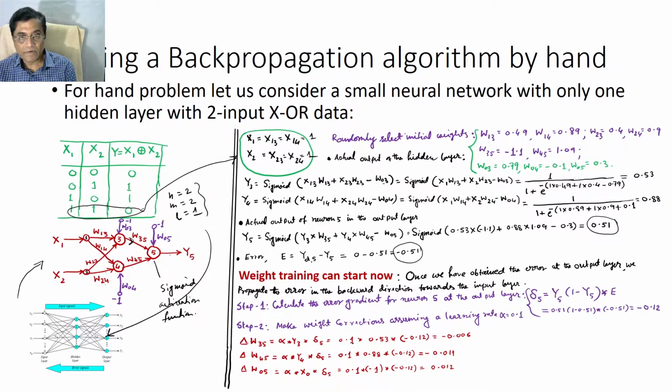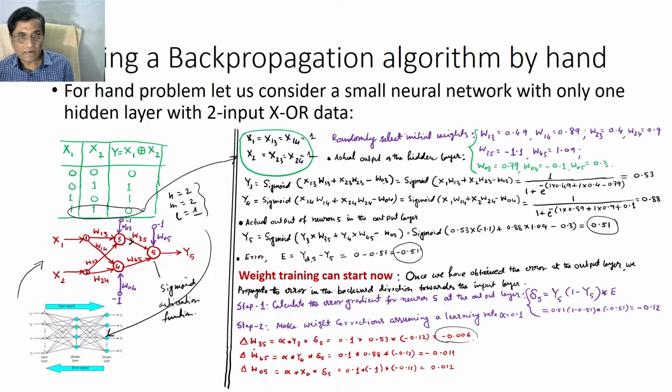Alpha is 0.1 you have selected, 0.01 you can also select, and then y3 you already have, y3 is 0.53, so put it here, and then you have just calculated the error gradient, which is here. So you multiply, only multiplication you see, and you get the value.